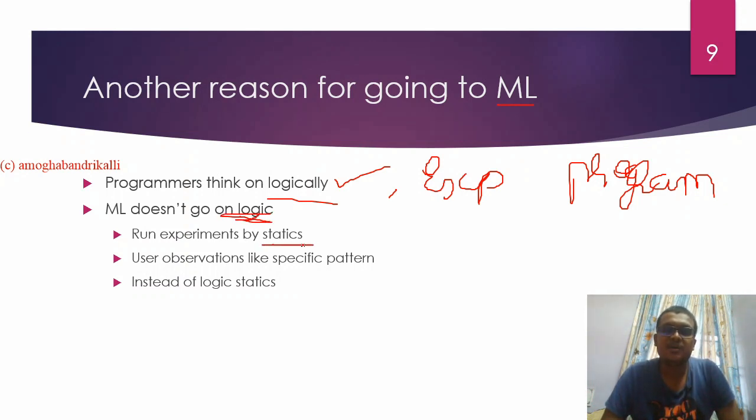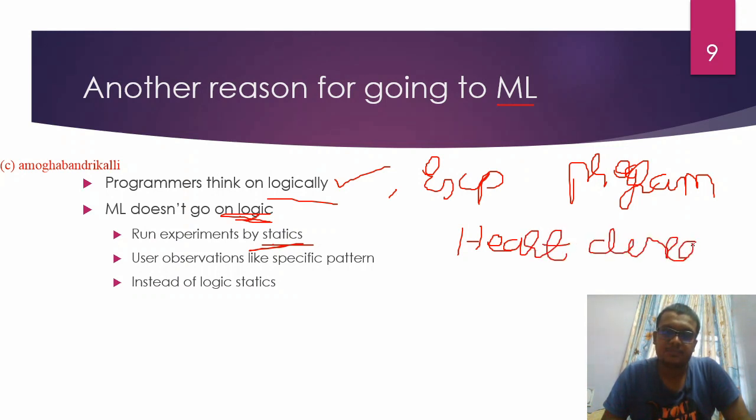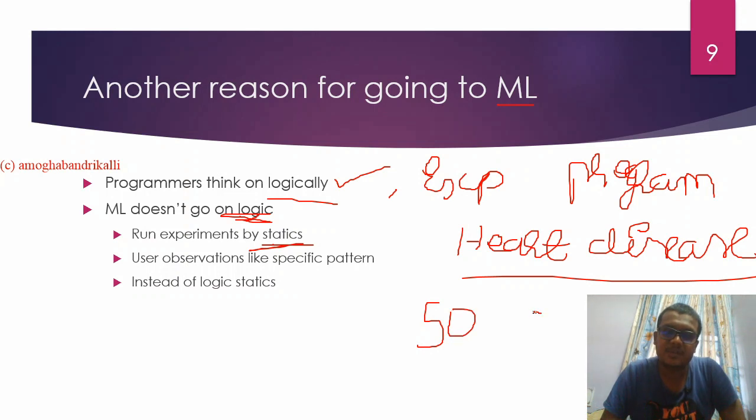It is going to work with statistics. Let me talk about a heart disease. A person of some 50 years of age, with a weight of 90, a cholesterol of some value, and some kinds of habits.